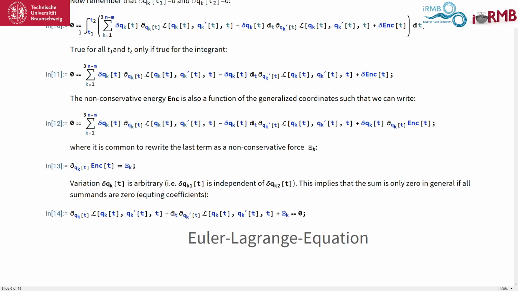The idea is that this is true for all t1 and t2, from the beginning of all times to the end of all times, but also for a single microsecond. So we can cut the integral as short as we like, and it would always stay true. And if this is 0 for all short integrals whatsoever, then it can only be true if what is under the integral is already 0.